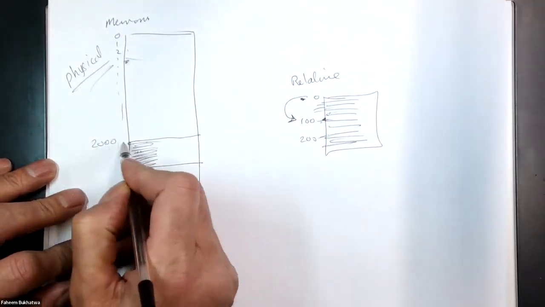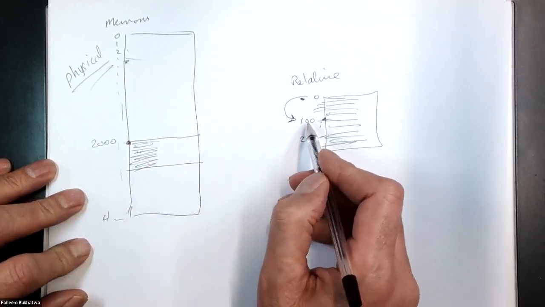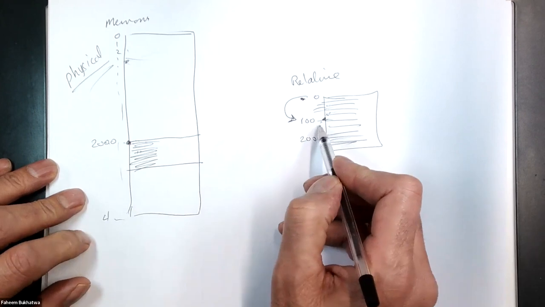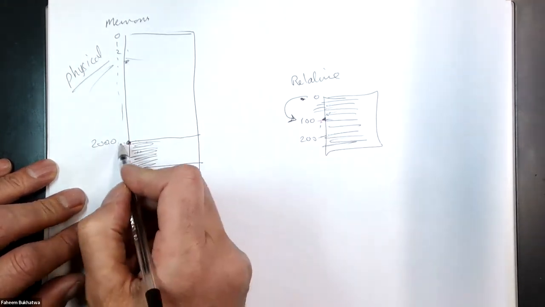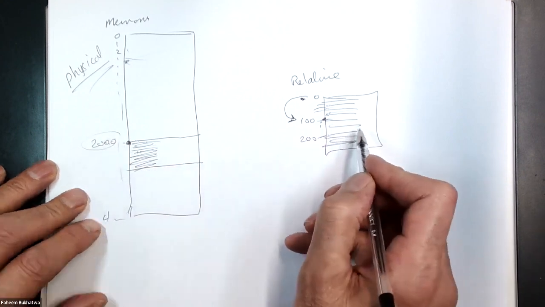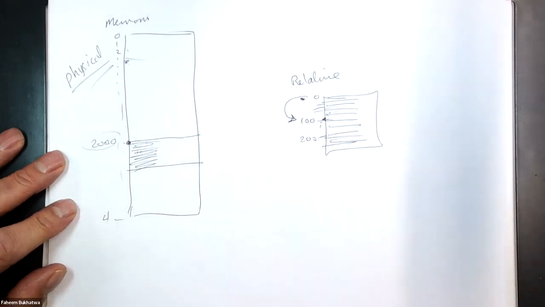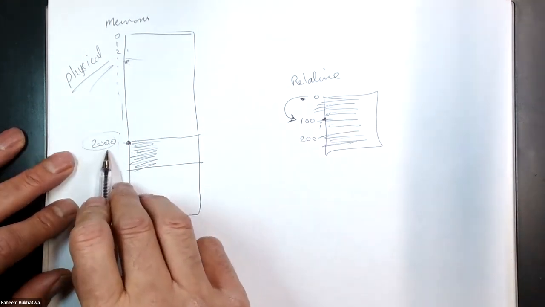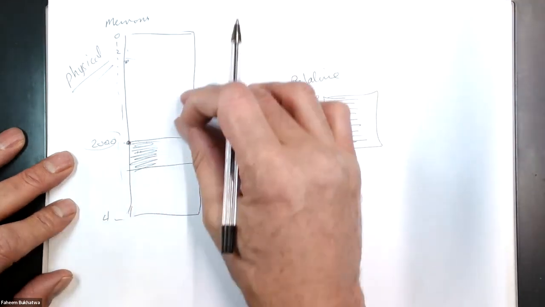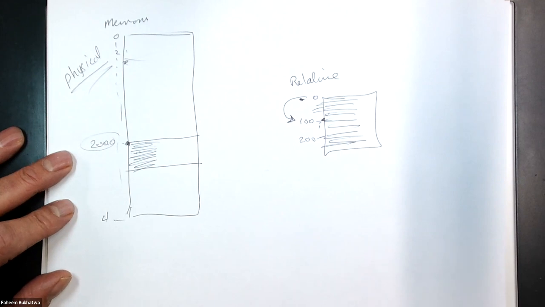Everything is added to the starting point, so it's going to be 2100. The memory manager keeps adding this number to every address the program brings. The program generates relative addresses, but they're corrected in memory. If we had put this program in location 1000, it would be corrected by adding 1000 to it.